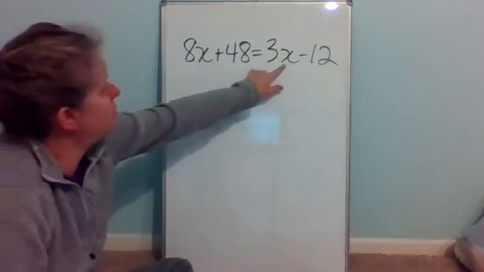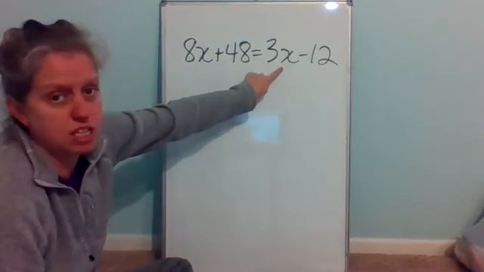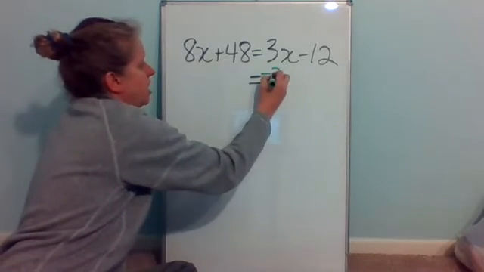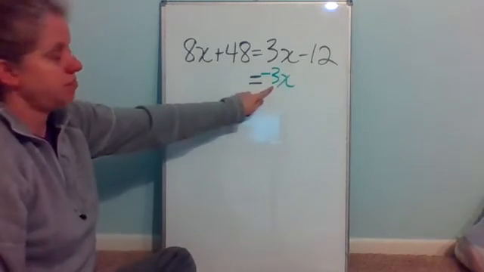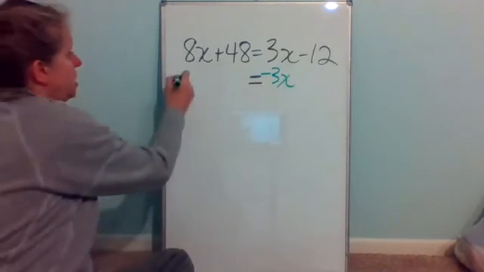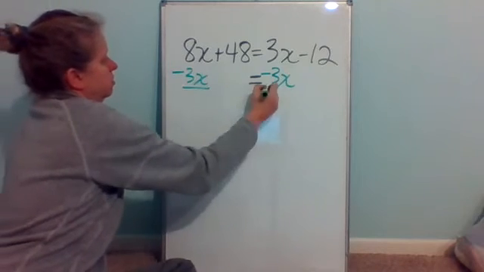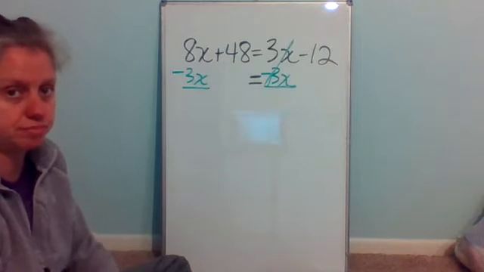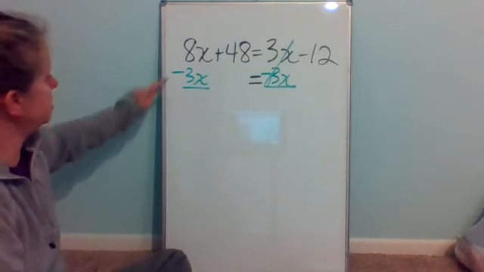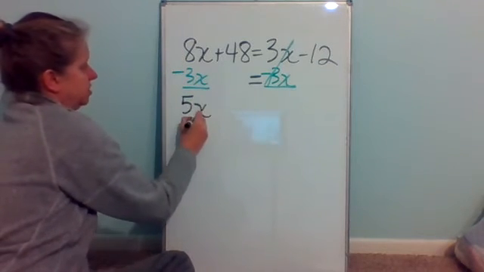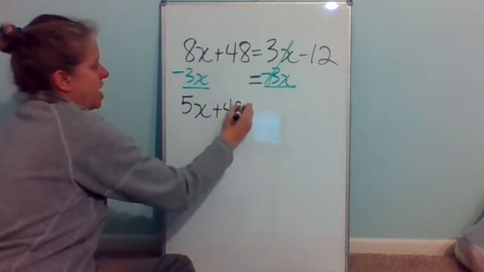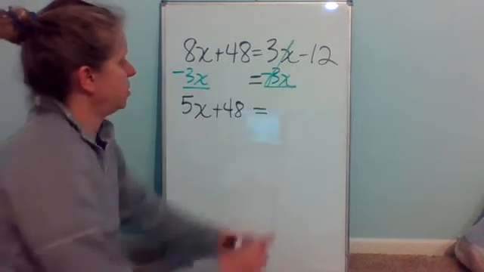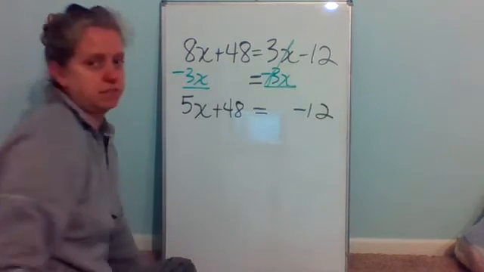So let's see, I have x's on both sides. So I'm going to get rid of this one over here on the right. So I'm going to get rid of the positive 3x with a minus 3x. If I do it here, I'm going to have to do it here. So that gets rid of the 3x on the right. On the left, I have 8x minus 3x, which is 5x. Bring down my plus 48 equals, all I have left over here on the right is -12.